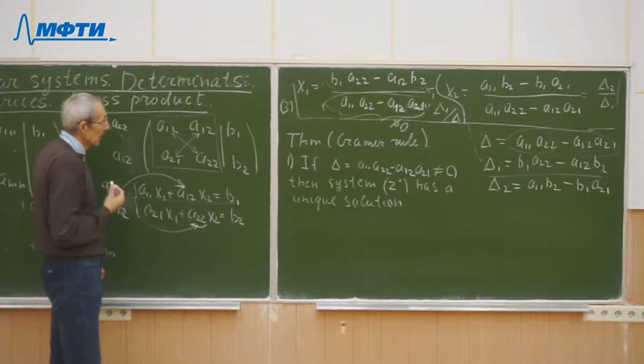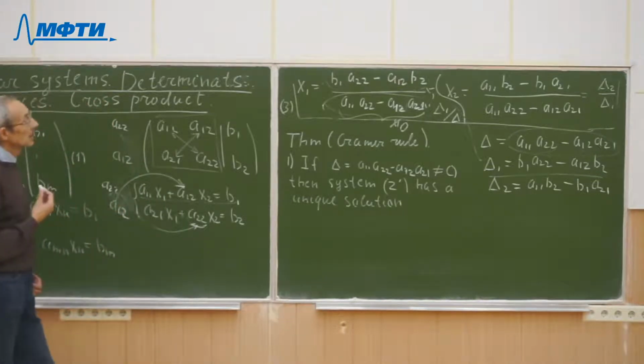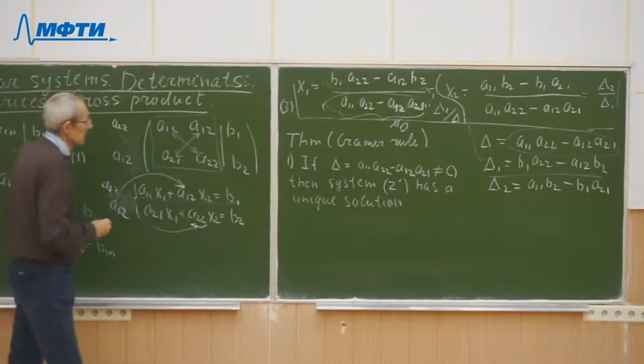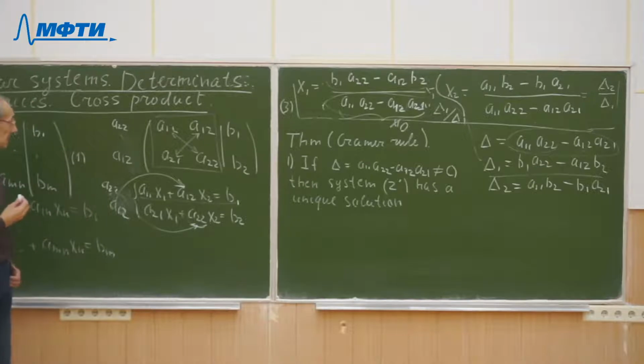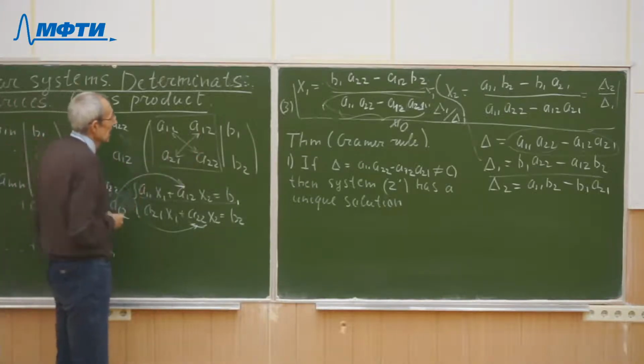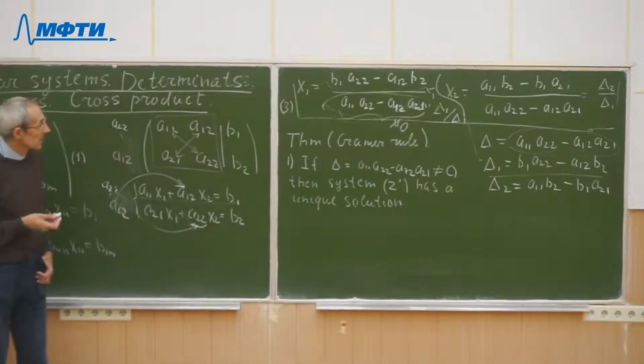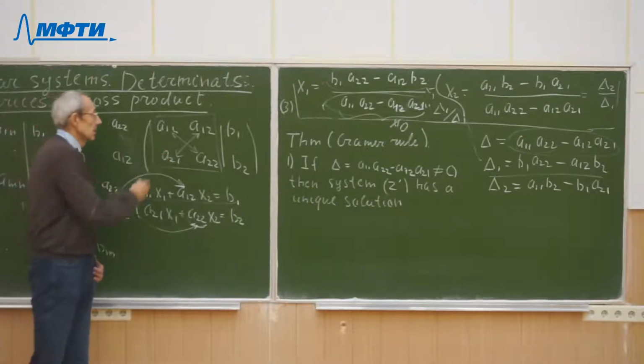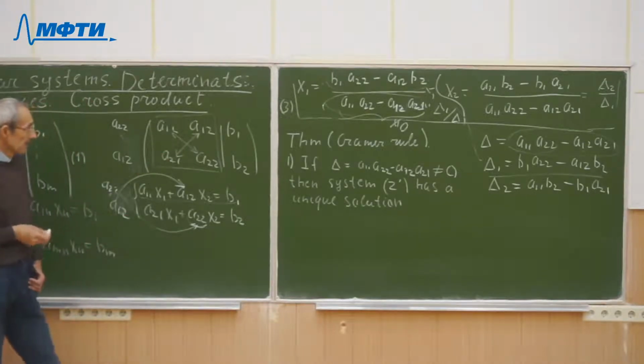for obtaining this expression. Namely, we multiply the elements of the main diagonal and subtract from this product the product of the elements which lie on the other diagonal.